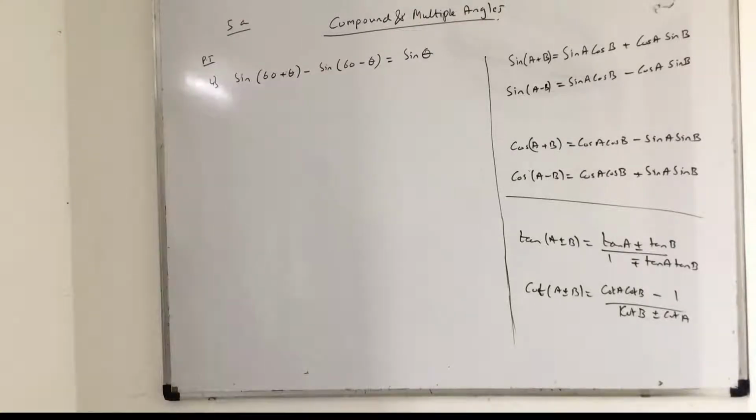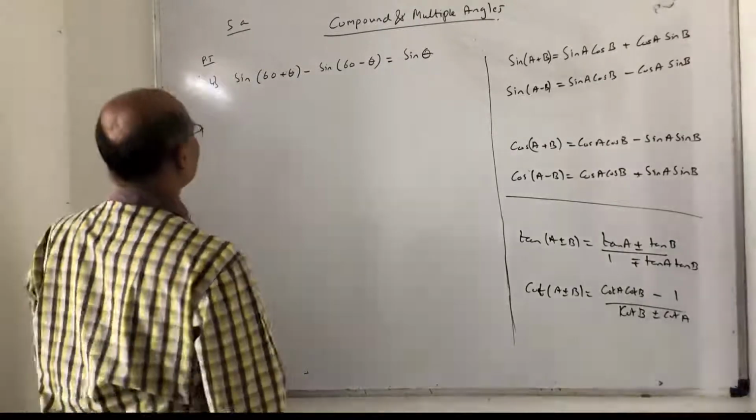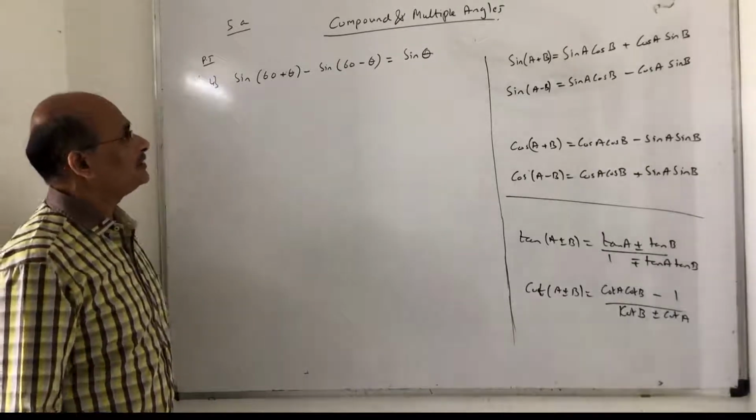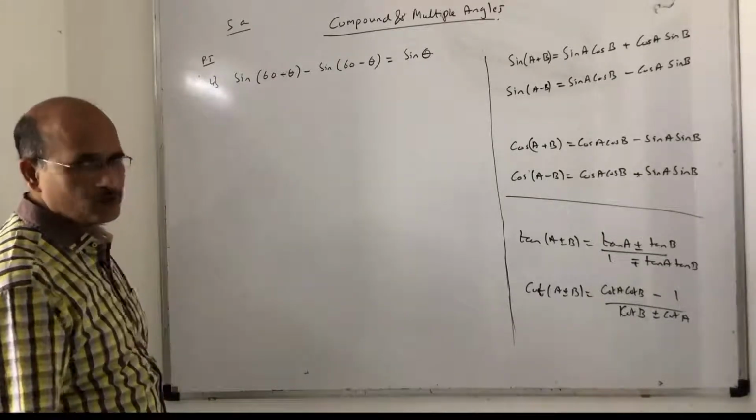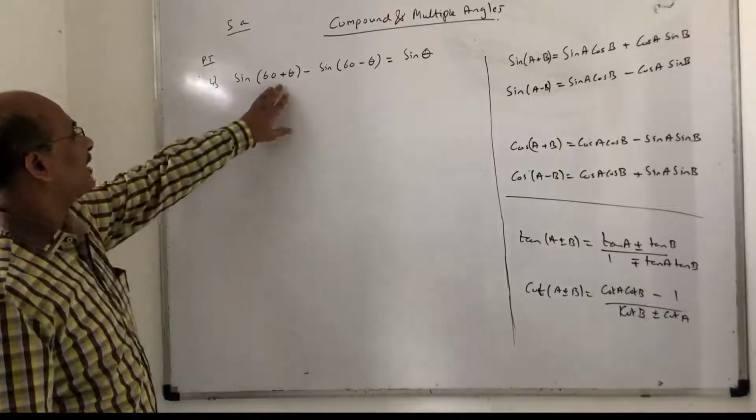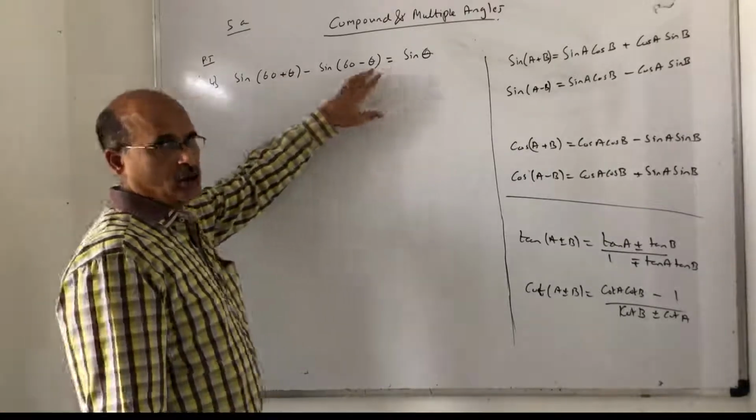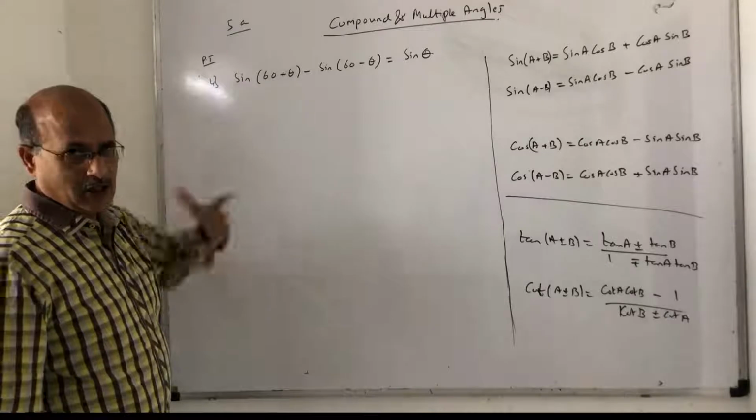So, okay, let's take question number 4. Sine of 60 plus theta minus sine 60 minus theta is 1. This is a very simple proof, children. So here I can say it is sine A plus B, this is sine A minus B. So everybody knows sine of A plus B, how I go about it.